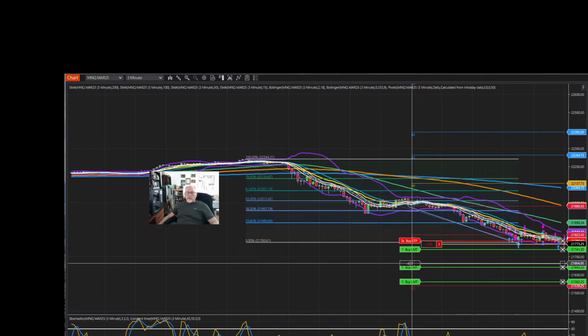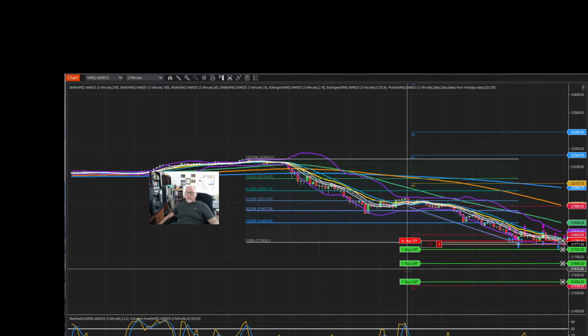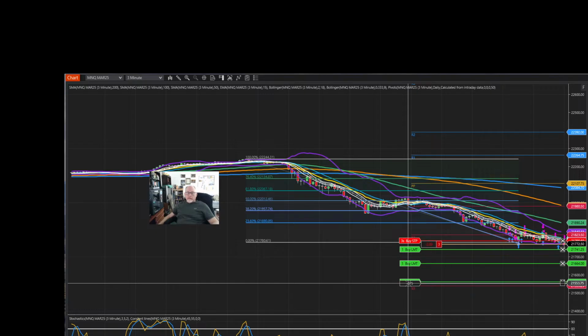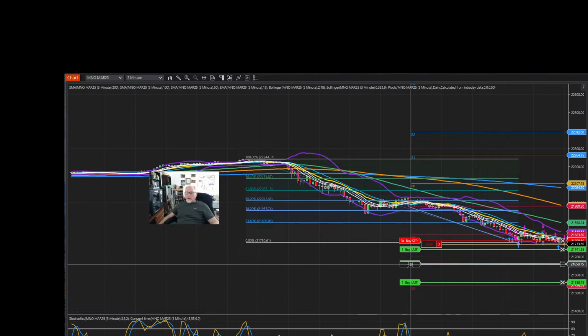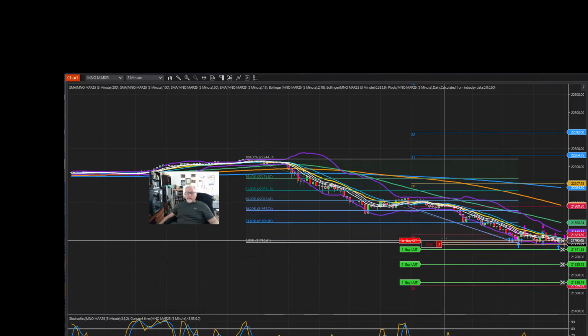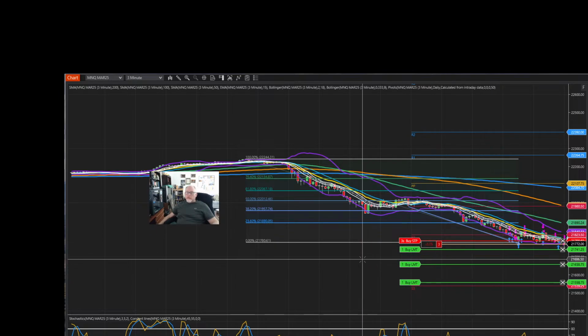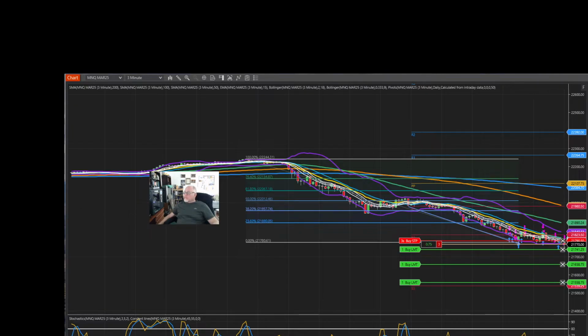Let's do it this way. Try to get one off at S3, one halfway between it. See if we can get one at original profit. How many ticks did I say that was today? 118.